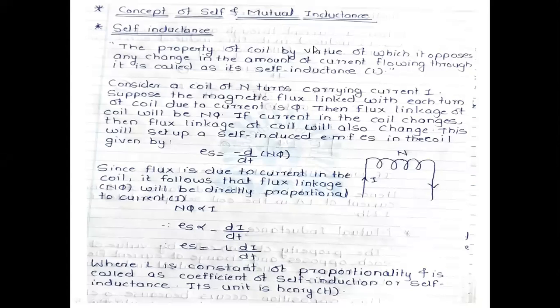Suppose the magnetic flux, in bracket phi, linked with each turn of the coil due to current is phi. Full stop.